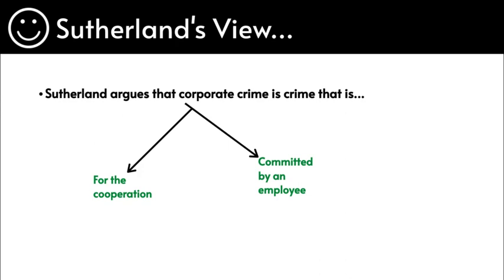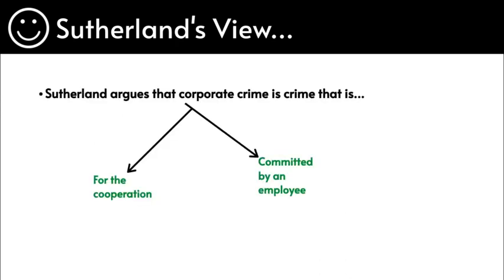So hopefully this is clear and you can contrast the previous definition with corporate crime, white collar crime versus corporate crime. If you're asked a question, hopefully you can differentiate the difference, and it's good if you just add it to your notes what the difference is between corporate crime and white collar crime.